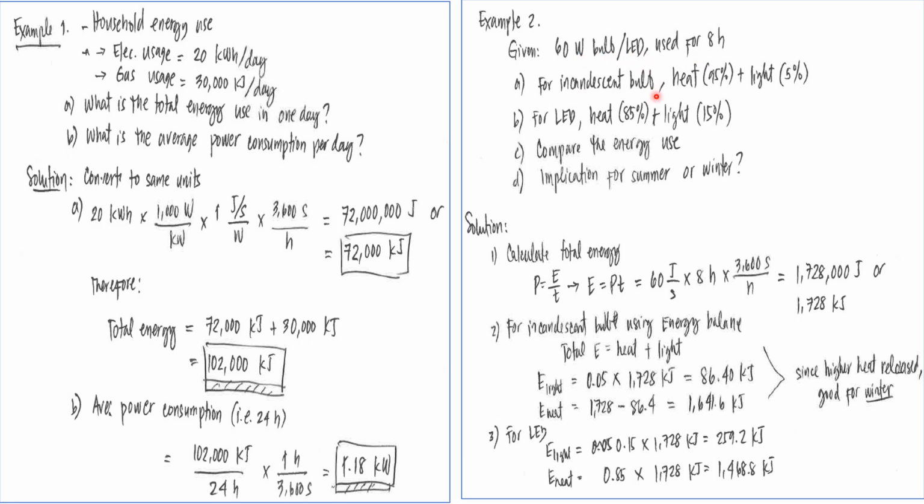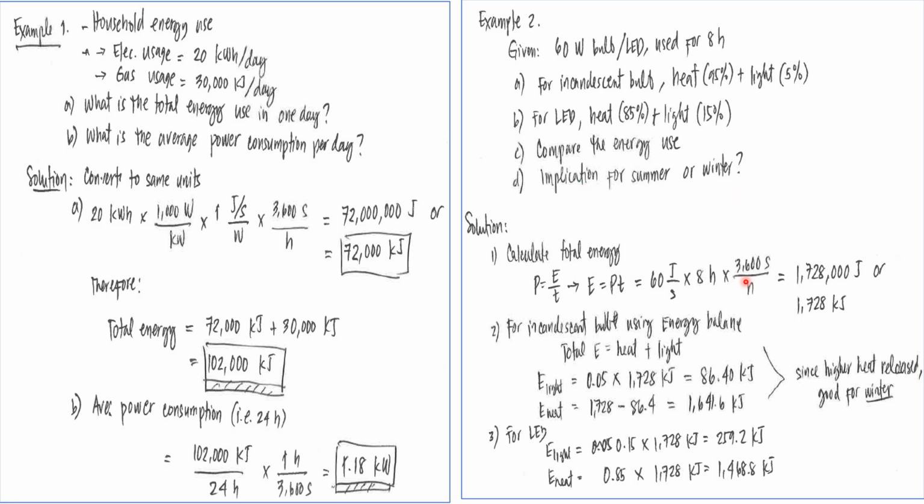For the incandescent bulb, heat takes up 95% of the total energy output, and light is only 5%. But for LED, heat is 85%, so there's a reduction of heat loss, but light is 15%, so it's brighter using LED. We will compare the energy usage and the implication for summer or winter.